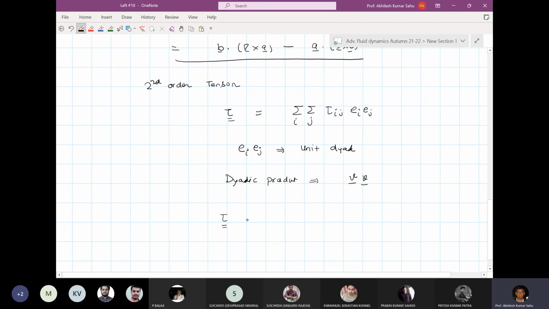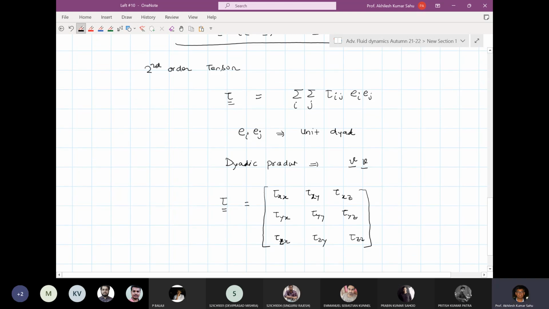So tau is represented mathematically by a matrix: tau xx, tau xy, tau xz, tau yx, tau yy, tau yz, tau zx, tau zy, tau zz.